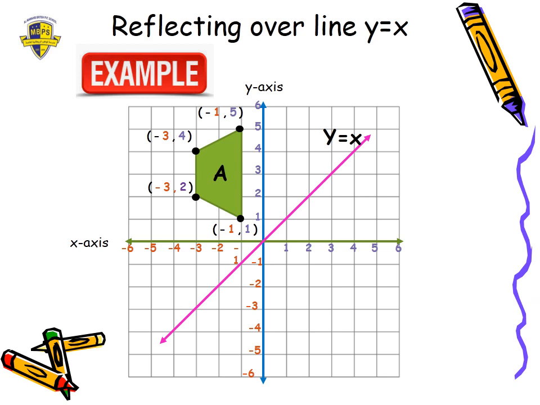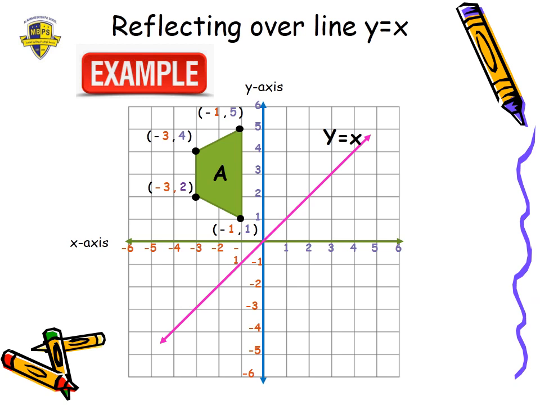Now let's start reflecting. We will start with the first one, (-1, 1). What is the rule here? We write y in the place of x and x in the place of y. So the point (-1, 1) will be (1, -1).